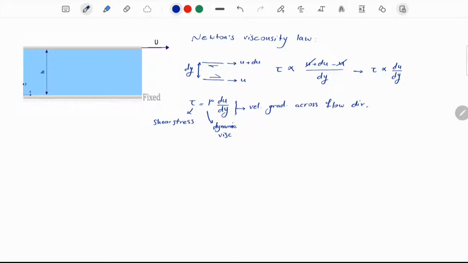What does it mean by across flow direction? In the figure, this is our flow direction, okay? Everybody knows this. Across flow direction means in this direction. This is across flow direction, okay?